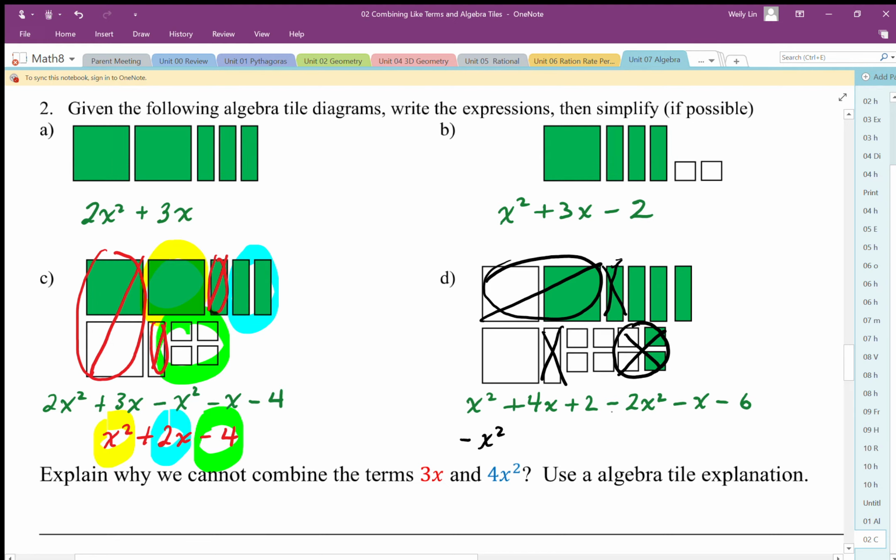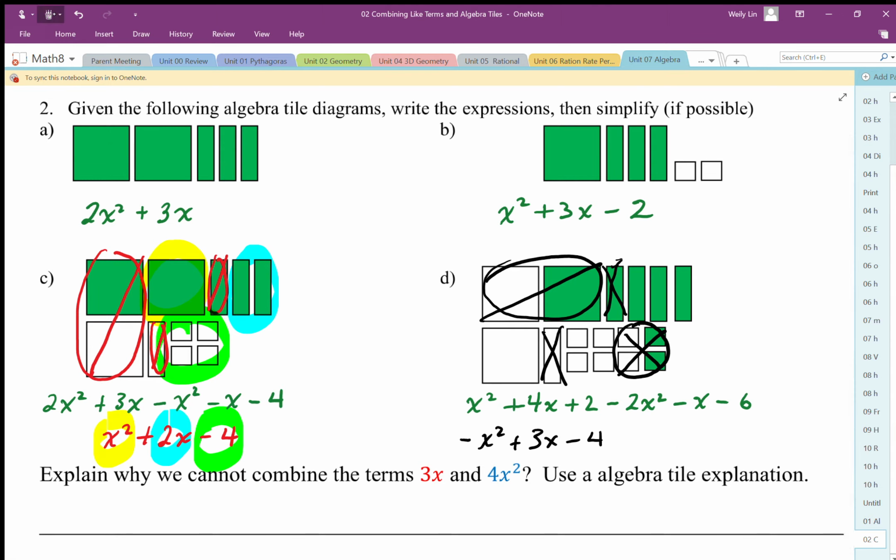So x squared minus 2x squared leaves me with negative 1x squared. I have positive 3x's. So 4x's, and take away 1 gives me 3x's. I have minus 4 ones. Plus 2 ones minus 6 ones gives me negative 4 ones.